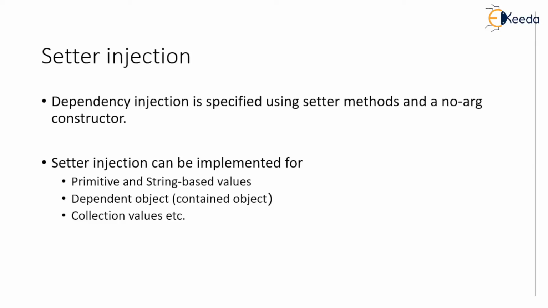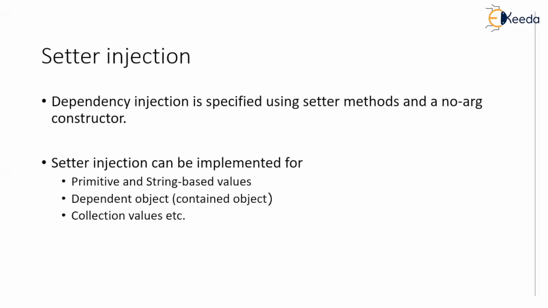In other words, when your Spring class or Spring bean has setter methods and a no argument constructor, dependency injection will be specified by using setter injection. Now, for what elements can we specify setter injection?